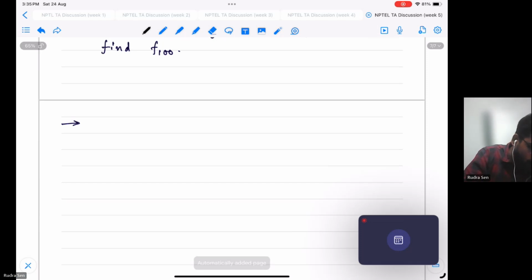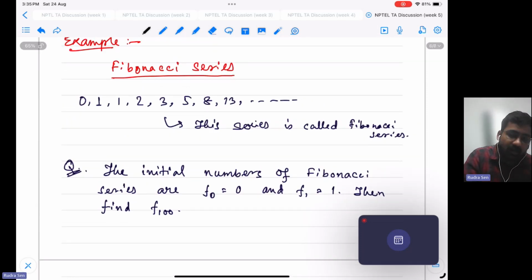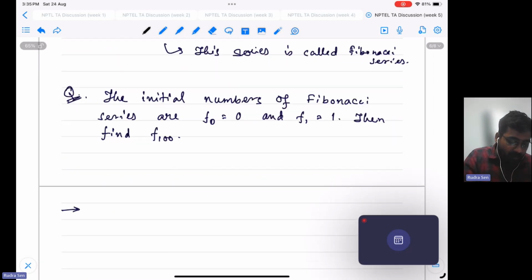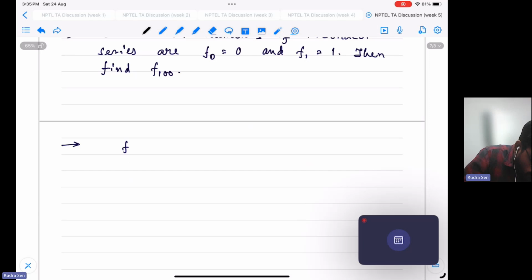What we have seen over here is that to find f2 we need f1 added to f0. To find f3 we need f2 plus f1.